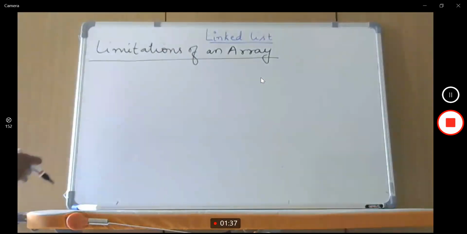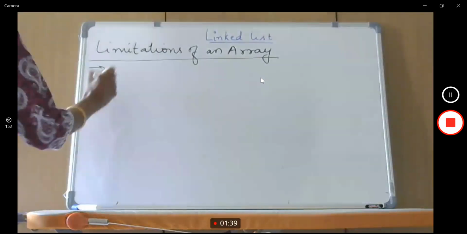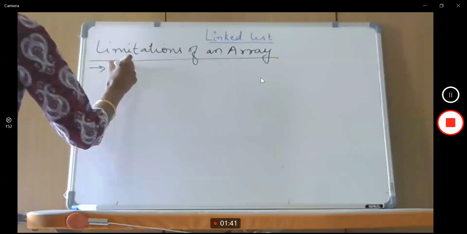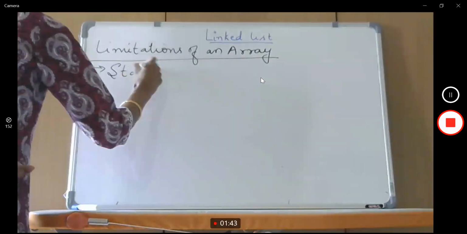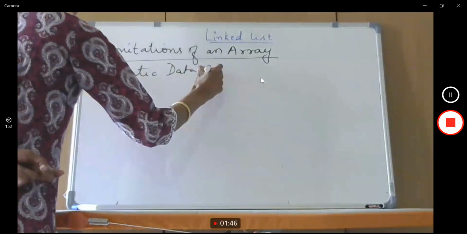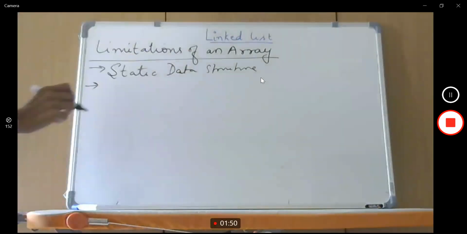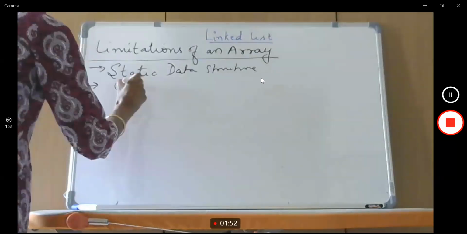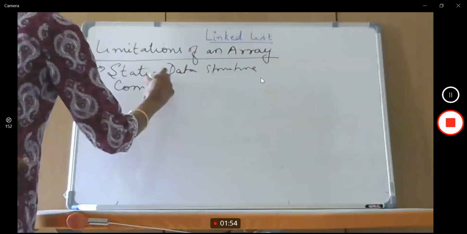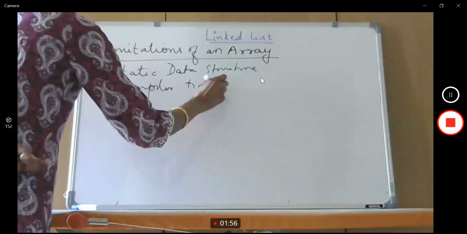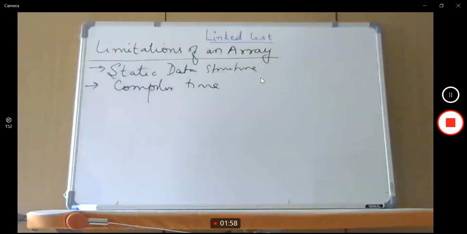Now, when we talk about the limitations of array, first limitation is array is a static data structure. That means you are going to allocate the memory during the compile time. Suppose I set the size of the array as 10.